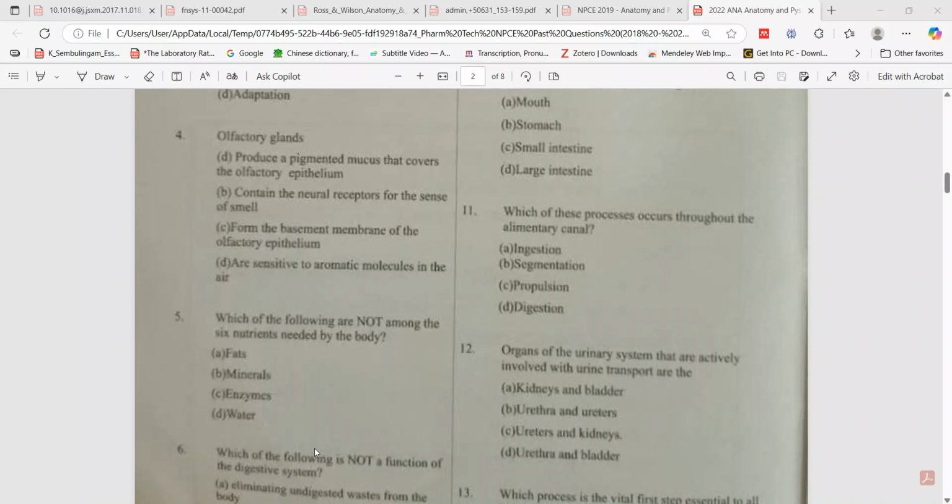Which of the following is not among the 6 nutrients needed by the body? Mineral, enzyme. So what's the answer to question 5?